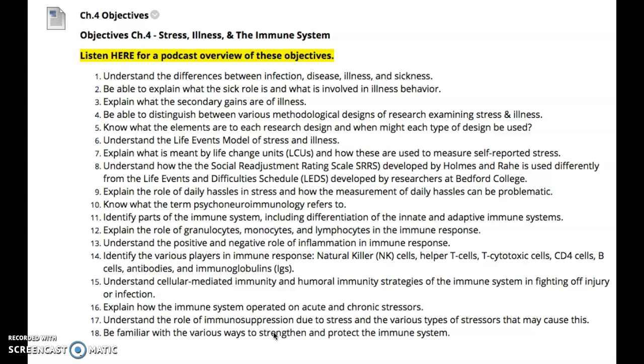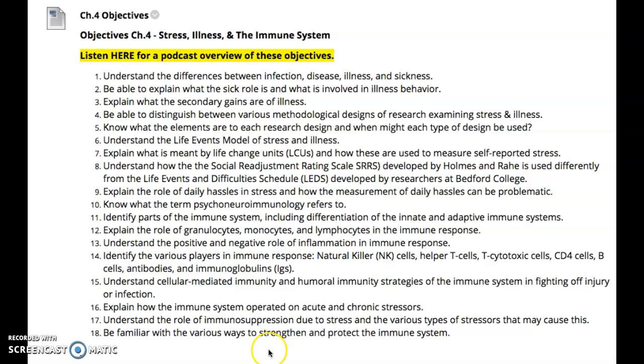They're meant to protect us in the short term, but the chronic activation of cortisol in the body is not good, causes inflammation, causes a lot of problems. And over time, it prevents the immune system from doing its job. And that's where we get immunosuppression.